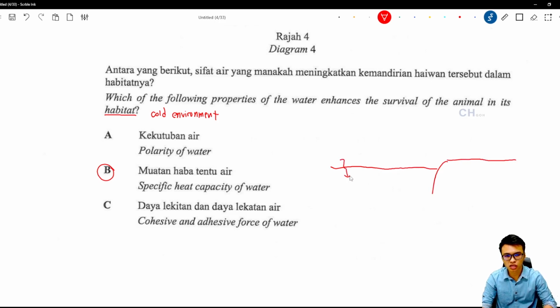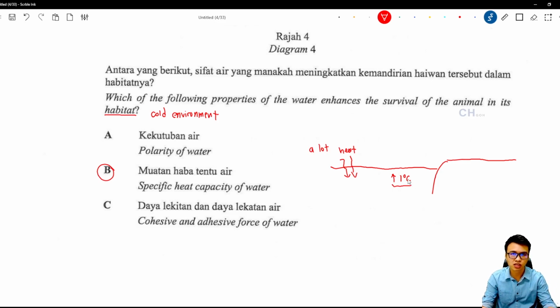So the water will absorb a lot of heat, then only increase 1 degree Celsius. This property of water can make sure the temperature of the environment remains more consistent. They will increase the temperature during the daytime, but not much.